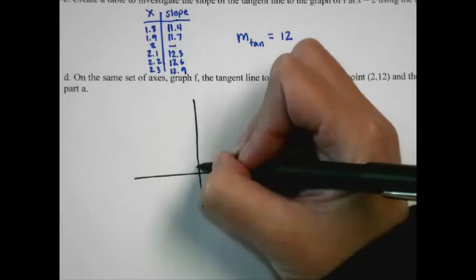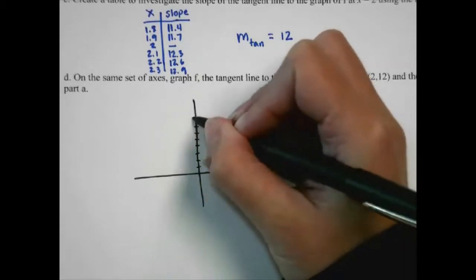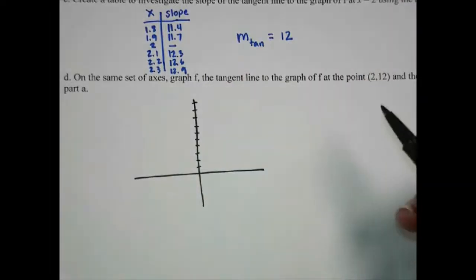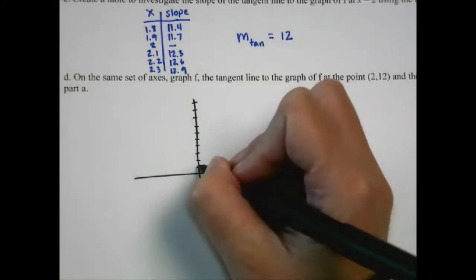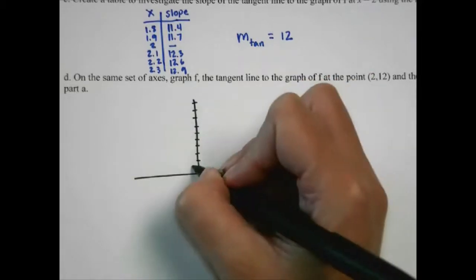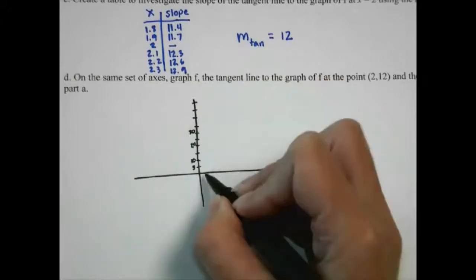So let's say we go up by, well, we had to get up to 27. So let's make these each 5. 5, 10, 15, 20, 25, 30. That's 20, that's 30.